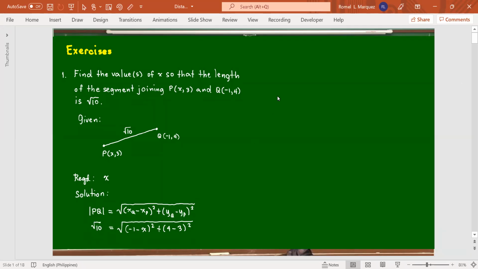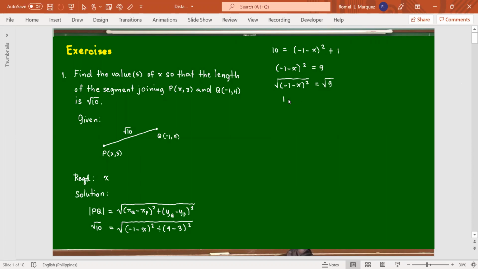And we know that PQ is equal to square root of 10. Now let's simplify this equation by squaring both sides to get 10 equals (-1 minus x) quantity squared plus 1. So we have (-1 minus x) quantity squared is equal to 10 minus 1, that is 9. Taking the square root of both sides, we have the square root of (-1 minus x) quantity squared is equal to the square root of 9.